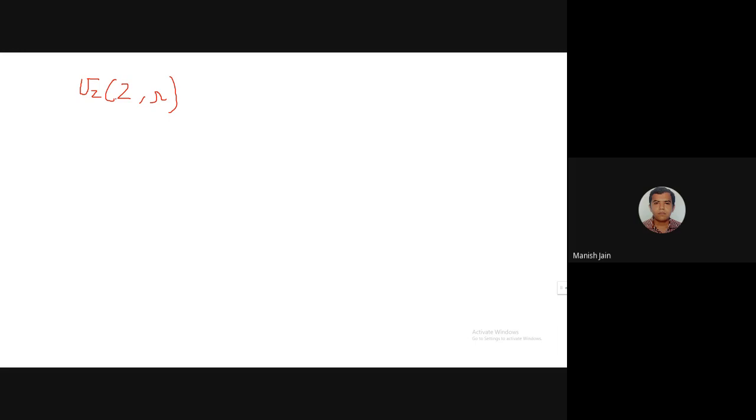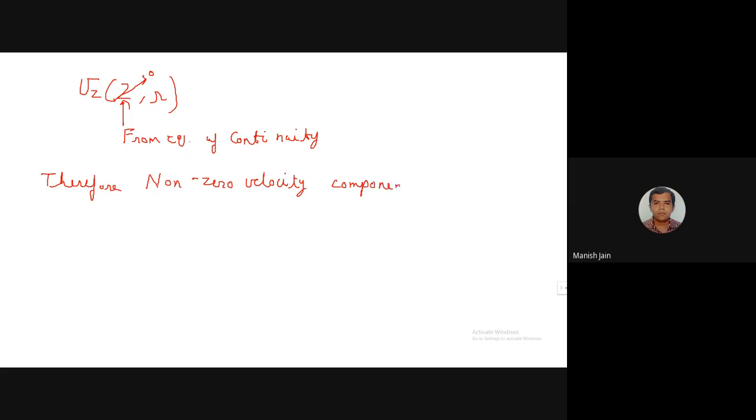Now from equation of continuity, you can say Vz cannot depend upon z direction. So the non-zero velocity component is therefore Vz that may depend upon r only.